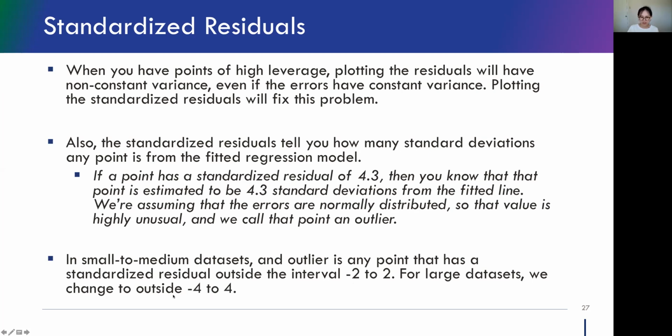This is related to the critical value for a standard normal distribution. So this is how you use the standardized residual to determine how far the point is from the fitted regression model, and this is also how we determine if the data is an outlier or not.